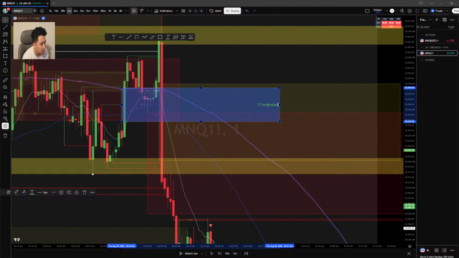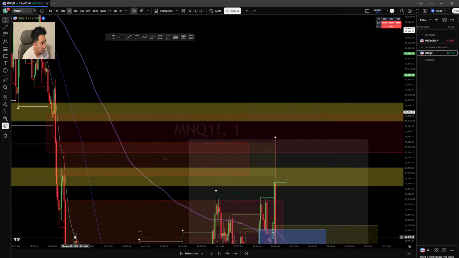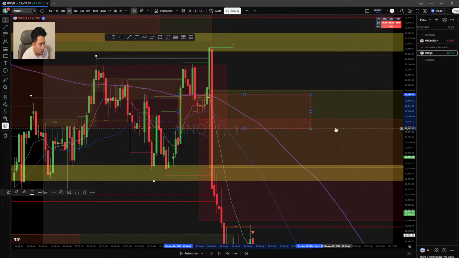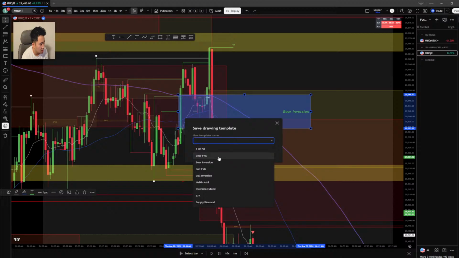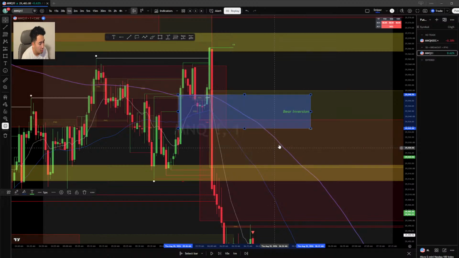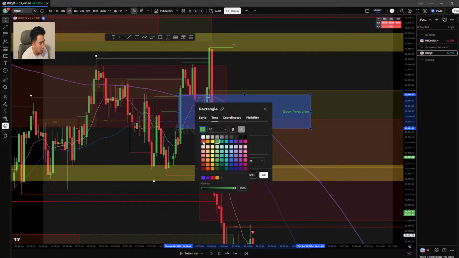For some reason, just put bear. I don't know why I didn't say it correctly, but this should be bearish inversion. Should be red.